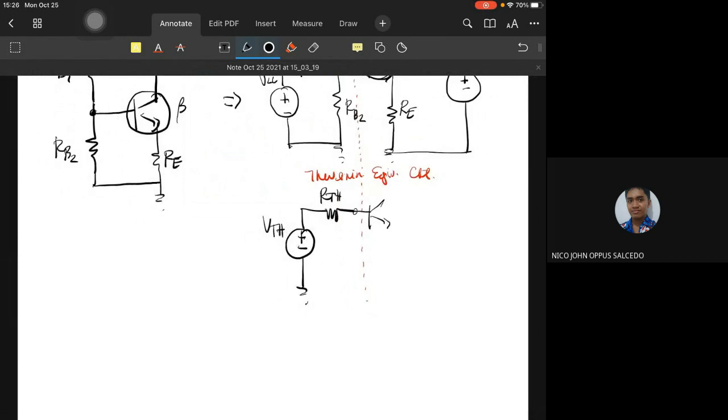So the right side is as is, nothing changed: RE, RC, VCC.